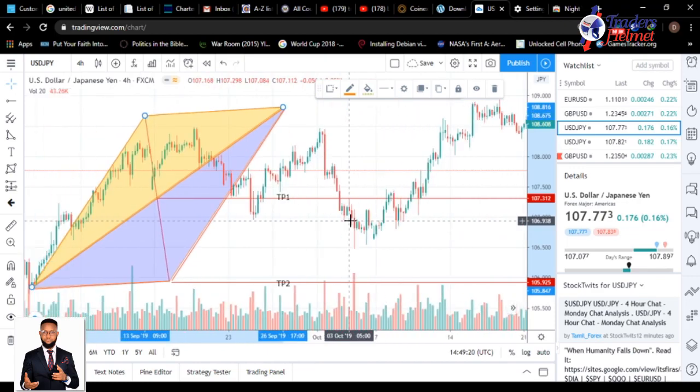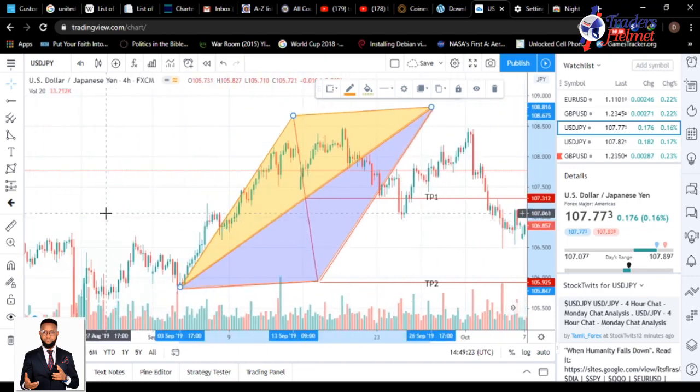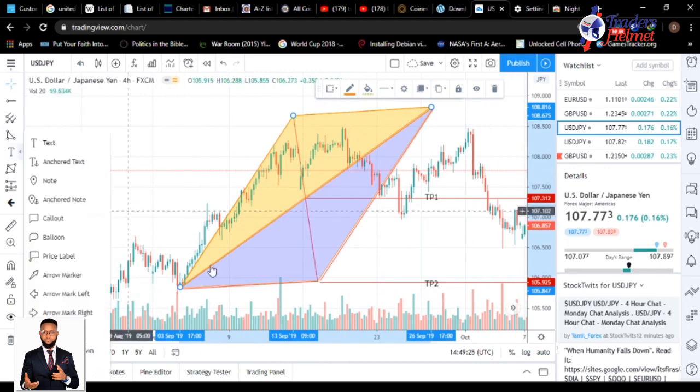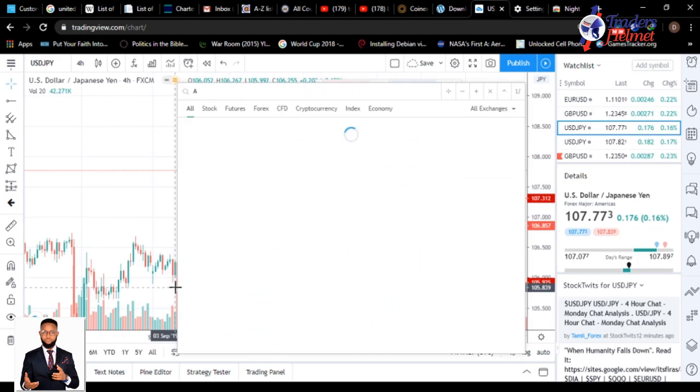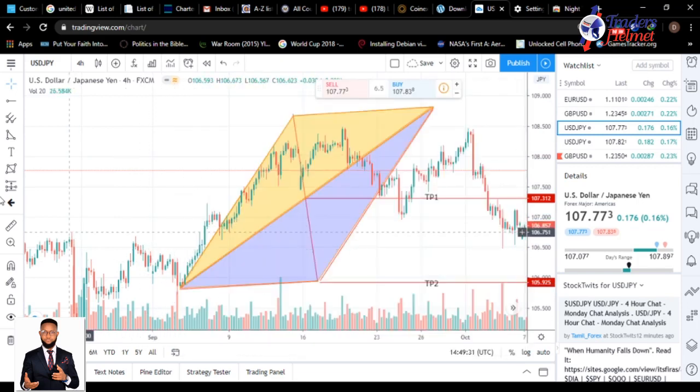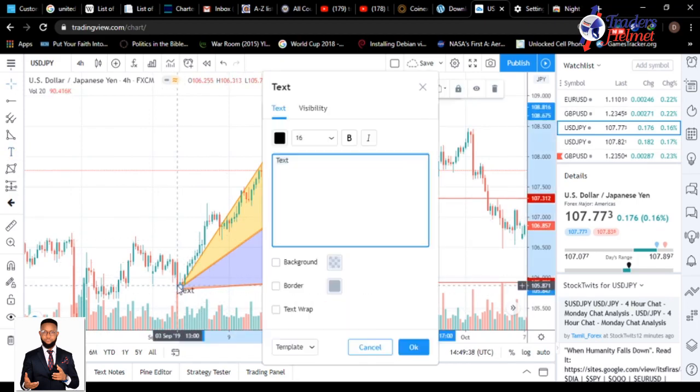All right. So guys, remember, this is a bearish rhombus. Always remember your points. Because it's bearish, this is your point A. Sorry, let me label it so you won't make a mistake.